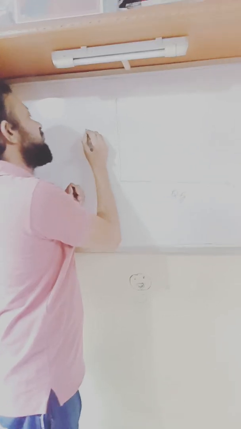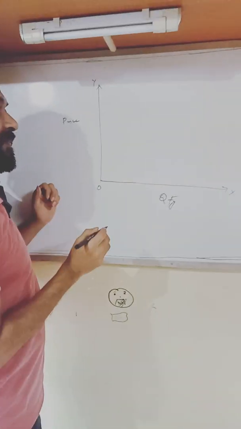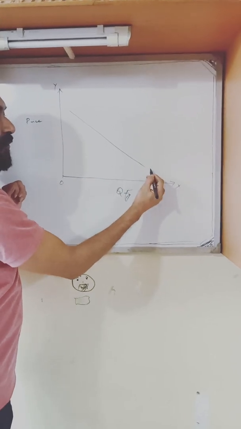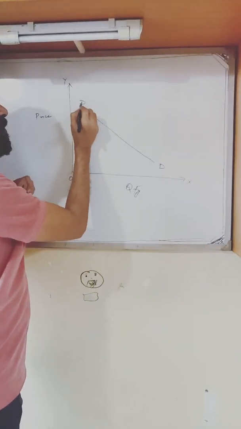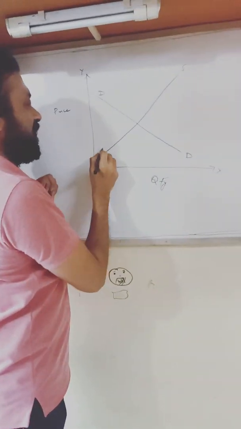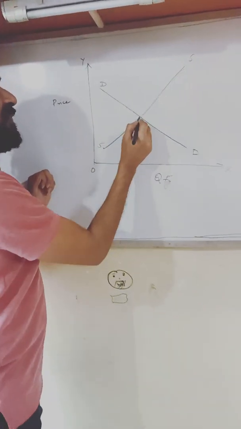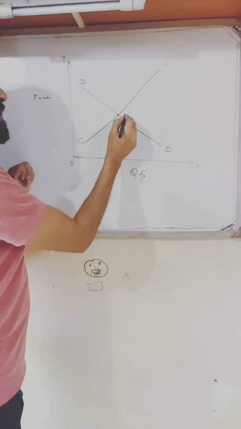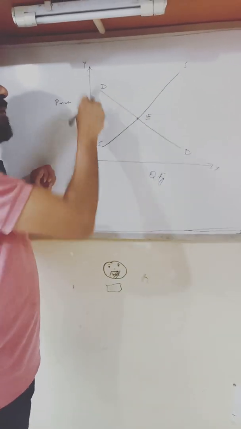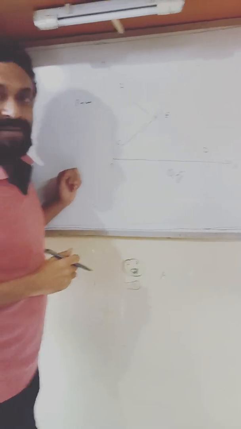Along the y-axis, price. Usual demand curve DD downward sloping. Usual supply curve SS upward sloping. This is the point E, point E where the two curves are cutting each other.